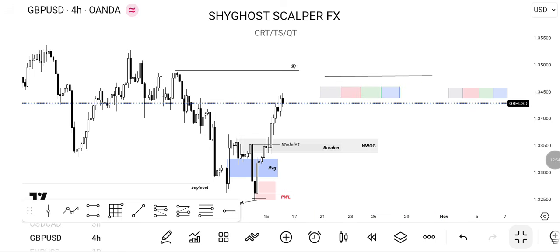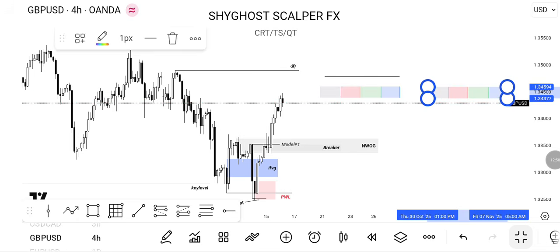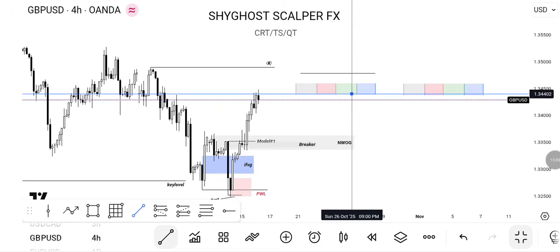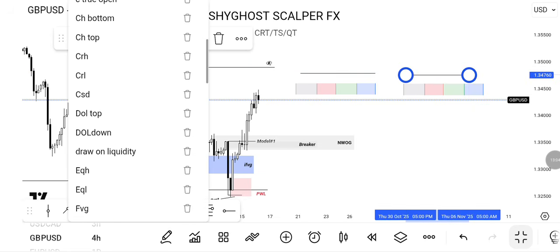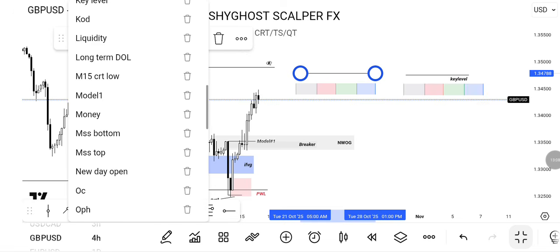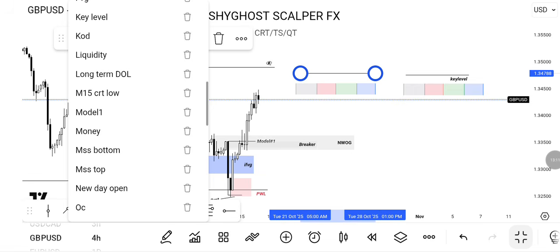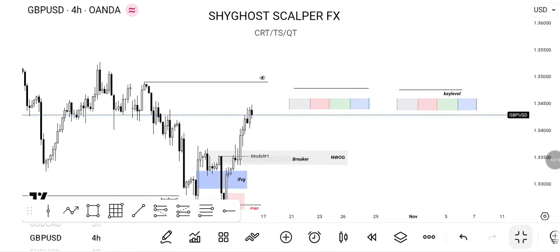So it's gonna be like this. Let me do this quick. Key level, key level. So what I mean when I say time-based key level, right?